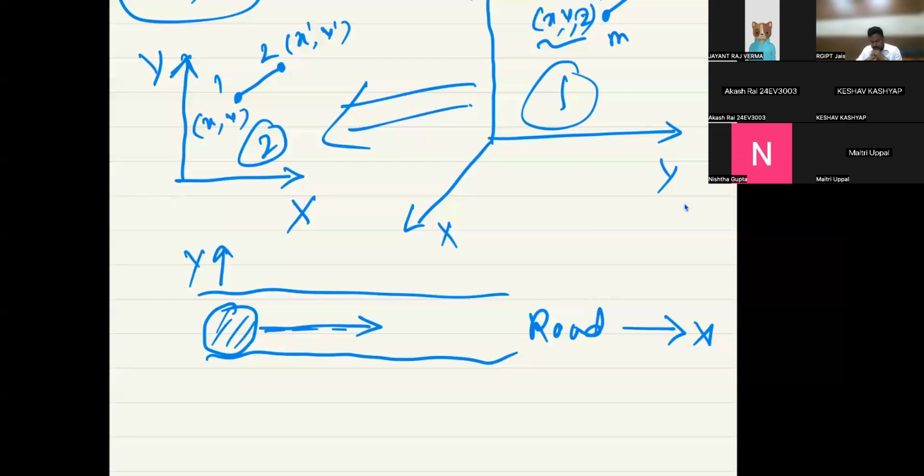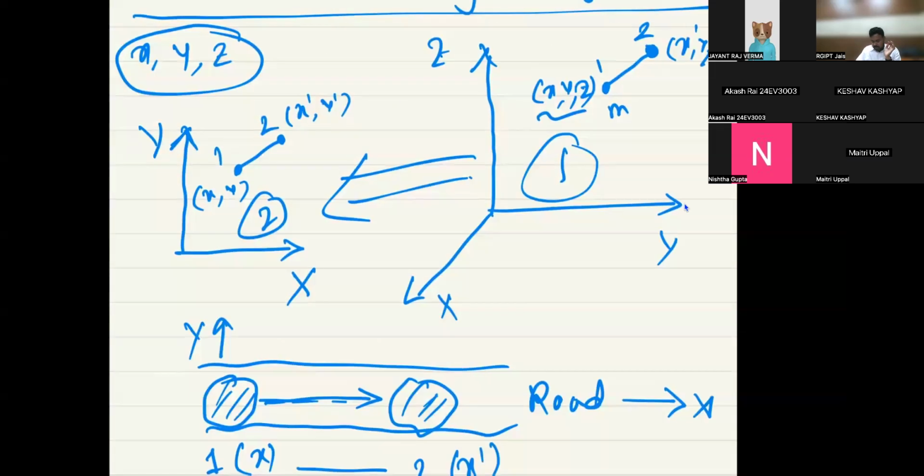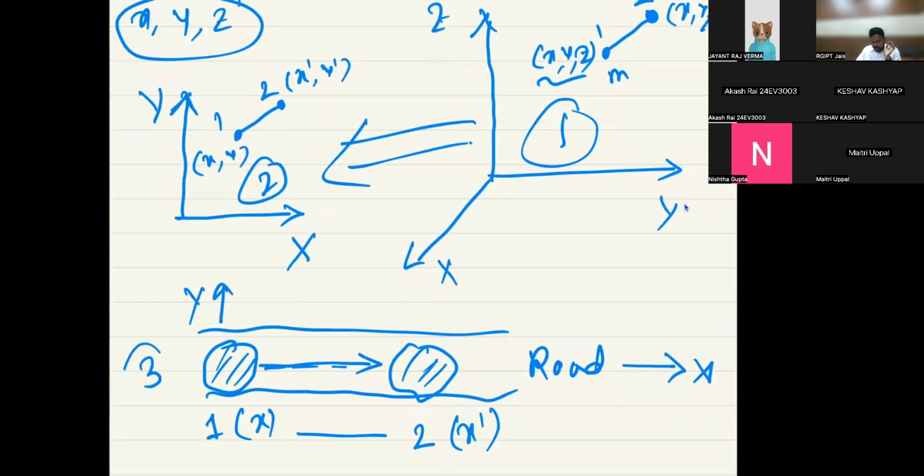At any point on this road, we need only one coordinate. Let's say this is position 1 and this is position 2. For position 1 we can use X, and for position 2 we need only another variable X prime, since only the X coordinate is changing. In the first example the particle can move in any direction and we needed 3 coordinates.